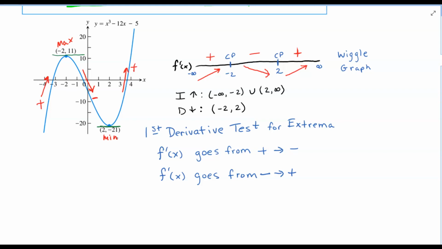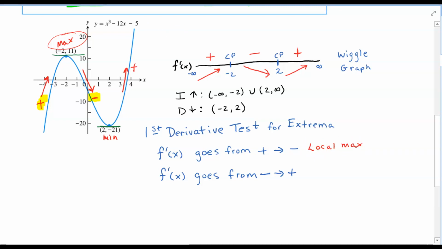Well, notice for it to be a maximum, the derivative had to go from positive to negative. Again, for it to be a maximum, it had to go from positive to negative. So this one right here is where I will write local max.